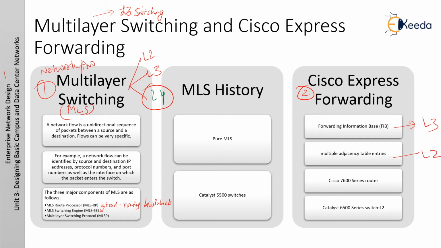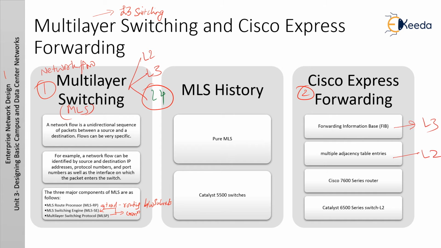And now the multi-layer switching protocol, which enables both. It is used by MLSRP and MLSSE to communicate with each other. For communication, there is a requirement of certain rules, regulations and policies. So for this purpose, we use the multi-layer switching protocol.